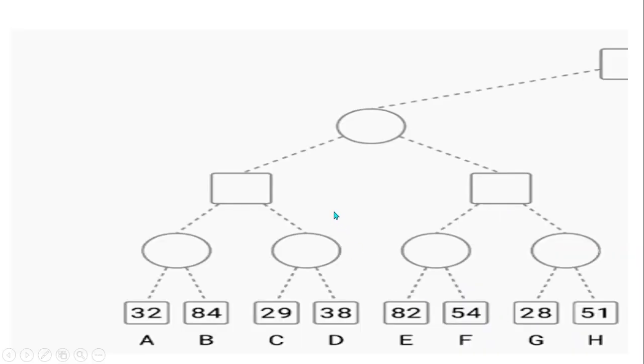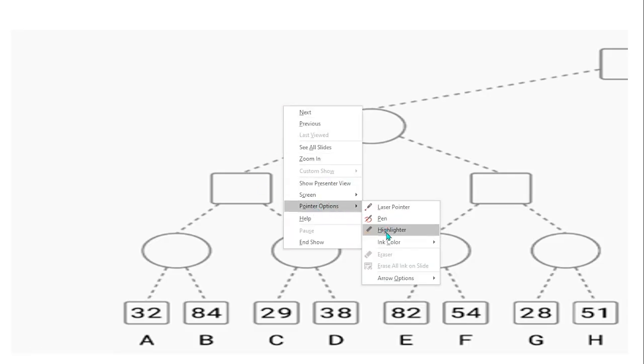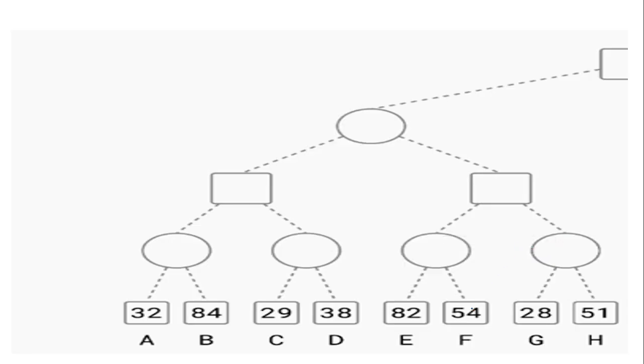Whenever we are doing alpha-beta cutoff, this is the procedure I am writing here: alpha and beta values, alpha comma beta.